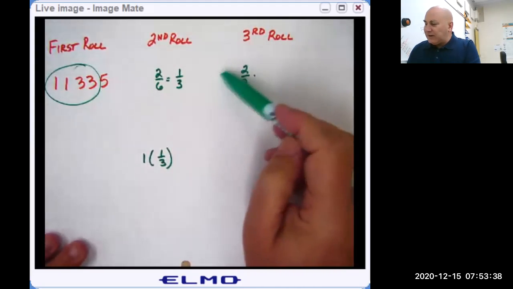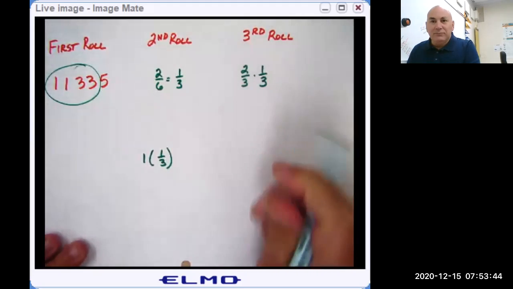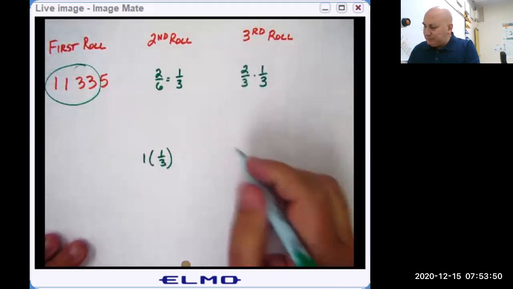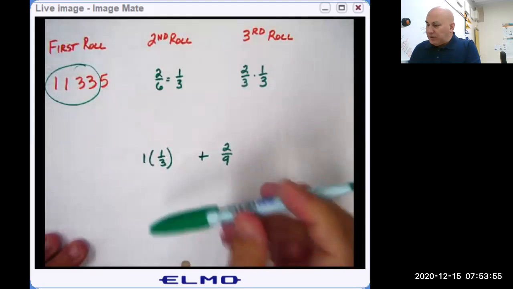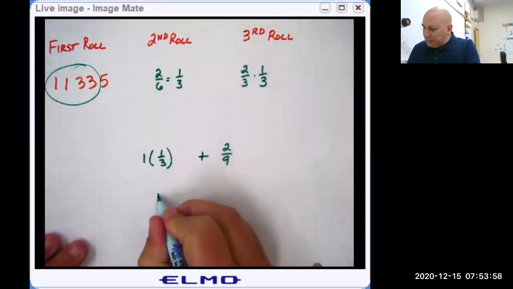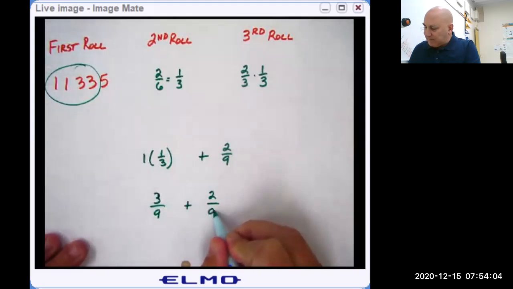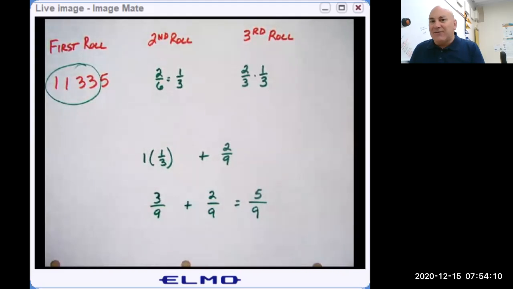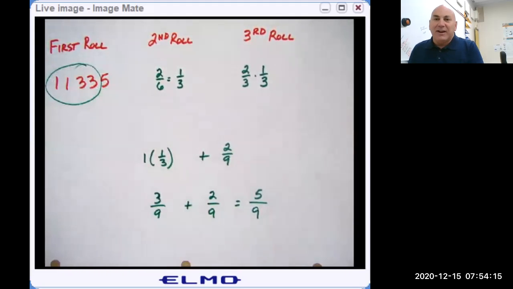Well, there's a 2/3 chance that I even get here, and there's still a 1/3 chance that I get the full house. So in 3 rolls, it's 3/9, 1/3 is 3/9, plus 2/9 is 5/9. There is a 5/9 chance that if I get these on my first roll, then I'm going to end up with a full house. So better than a 50% probability.